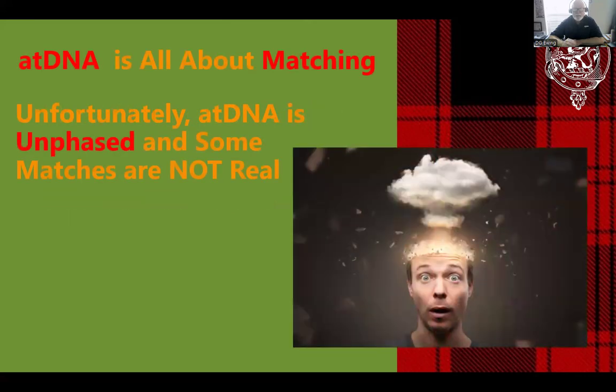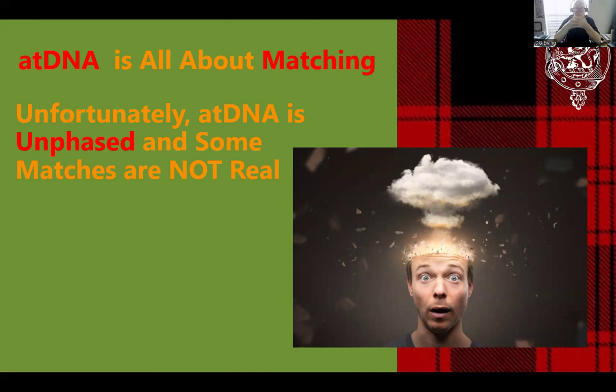All right. AT, autosomal, is all about matching. To use it as a way to break down a brick wall or find more of your ancestors, it's all about matching. So the more you can match, the higher the probability is that it becomes a useful tool.